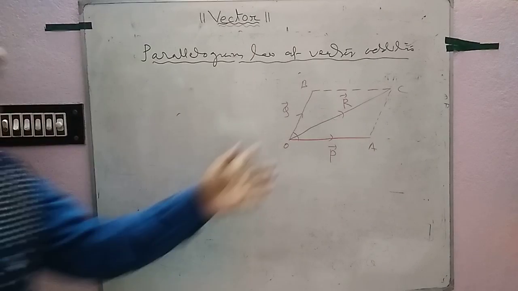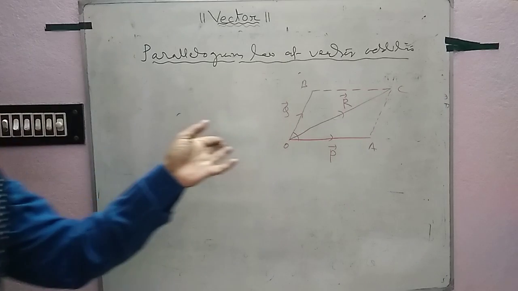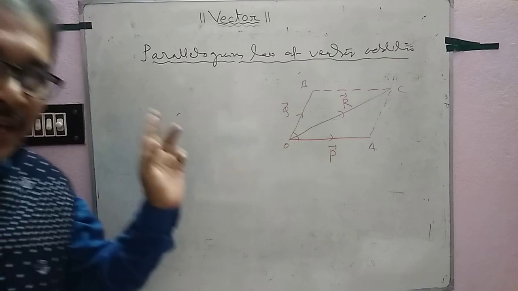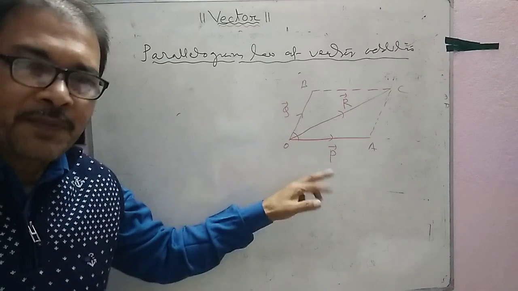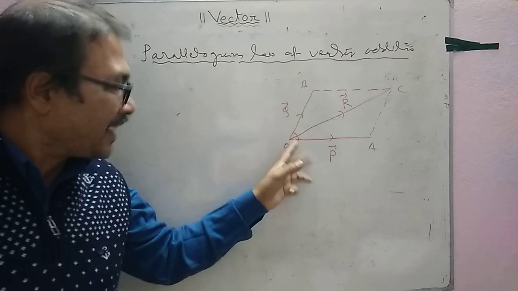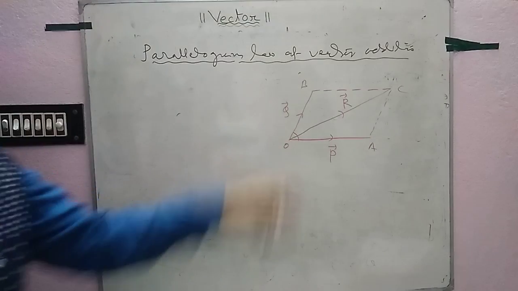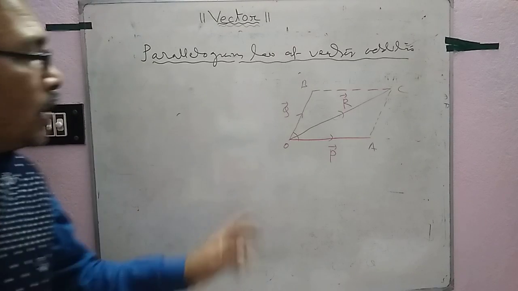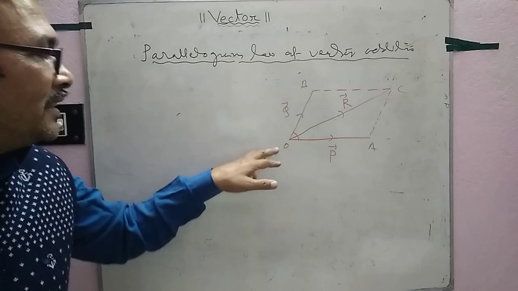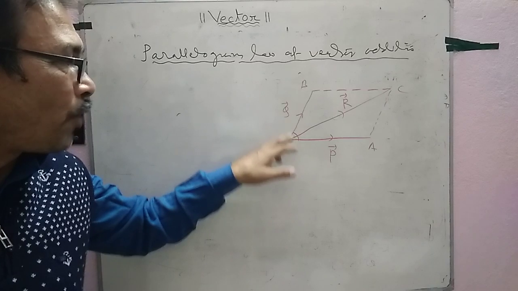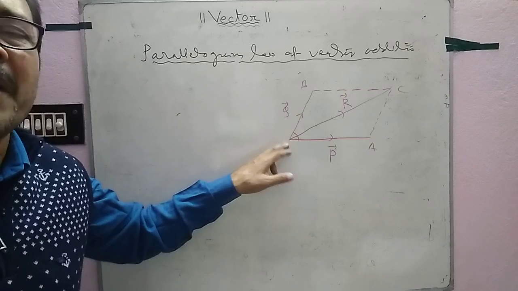If the two adjacent sides of a parallelogram represent two same type vectors, two forces or two displacements or two accelerations, not one acceleration and one displacement, both in magnitude and direction, then the diagonal through the intersecting point of those two sides will indicate the resultant vector, both in magnitude and direction.